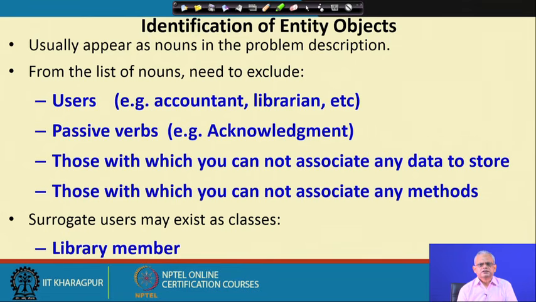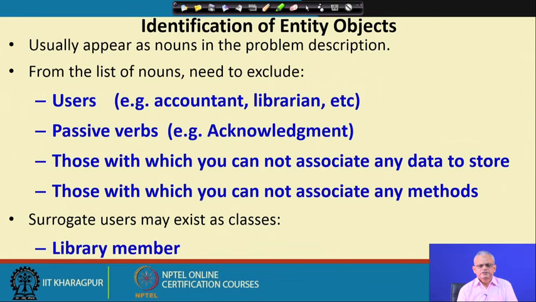But entity classes require more experience and thought, and we need practice in identifying them, but some guidelines exist. Let us look at how to go about it, because this is the most crucial task. The other two, identifying boundary and controller classes, are rather straightforward. Let us see how to go about identifying the entity objects.